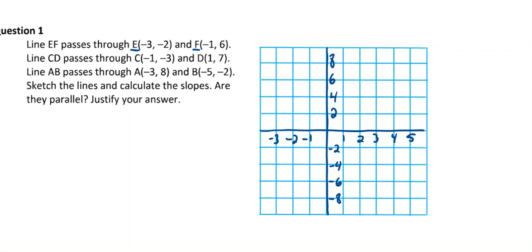All right, so let's plot some points. Let's plot E. That's going to be at (-3, -2), so right there. So that'll be E, and then F will be (-1, 6). This is a line, so let's connect them.